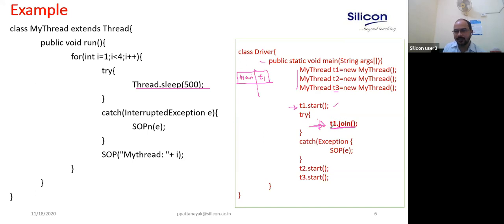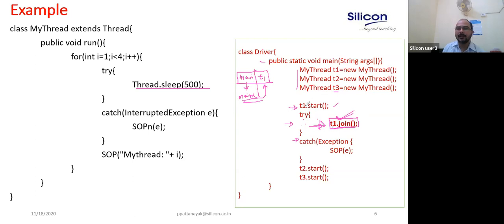Who invokes this T1.join? The main thread; this is the instruction of the main thread. So T1.join means the main thread waits for T1 to complete. Unless and until T1 completes, the main thread won't execute the rest of the instructions. Is that clear?